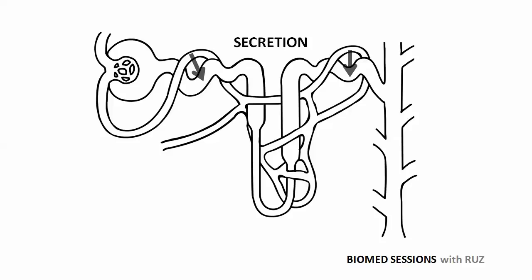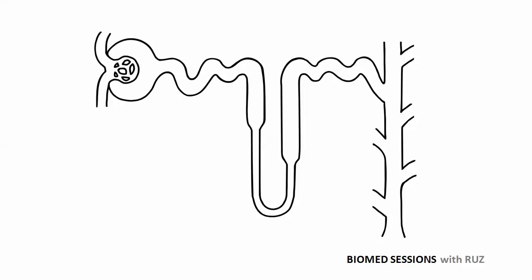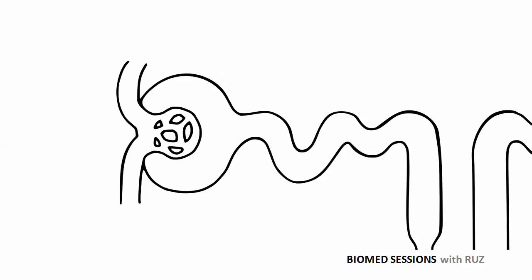To make things simpler, let's remove the surrounding capillaries and zoom in on the first part of the journey where filtration occurs. I've covered this process in detail in a previous video, which I've linked for you to check out. But basically, most components of the blood, except for blood cells and the majority of proteins, are squeezed out between the pores of the glomerulus to reach the Bowman's capsule.